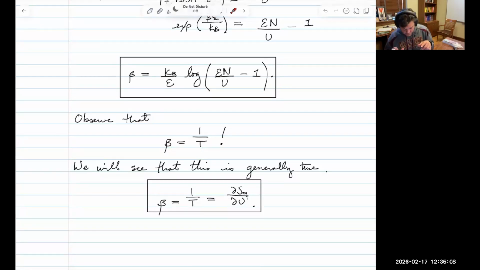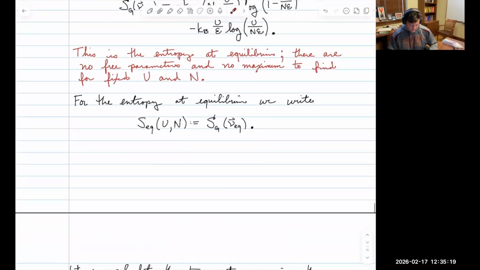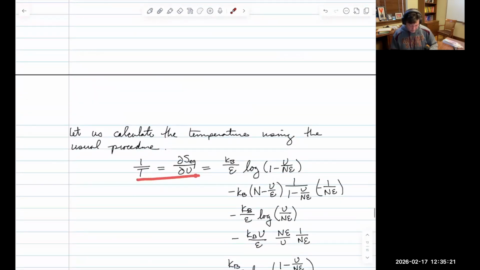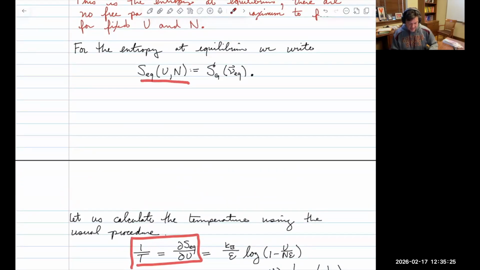What I want to show you with general calculations later on is that this is always, always, always the case. If I define the temperature through this procedure right here, there's two steps. The equilibrium entropy is defined as the Gibbs entropy at the equilibrium value of the macro state. So that gives us the equilibrium entropy.